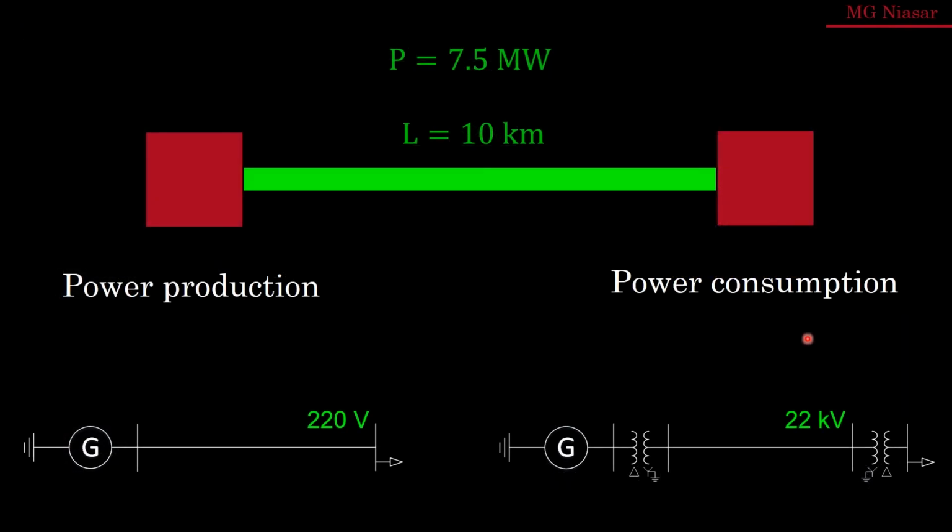So the problem that we have formulated is that we have a university which has 30,000 people. The consumption is 7.5 megawatt, and it's located 10 kilometers away from the production site. So we want to transmit power once at low voltage and once at high voltage, and we compare the two cases.